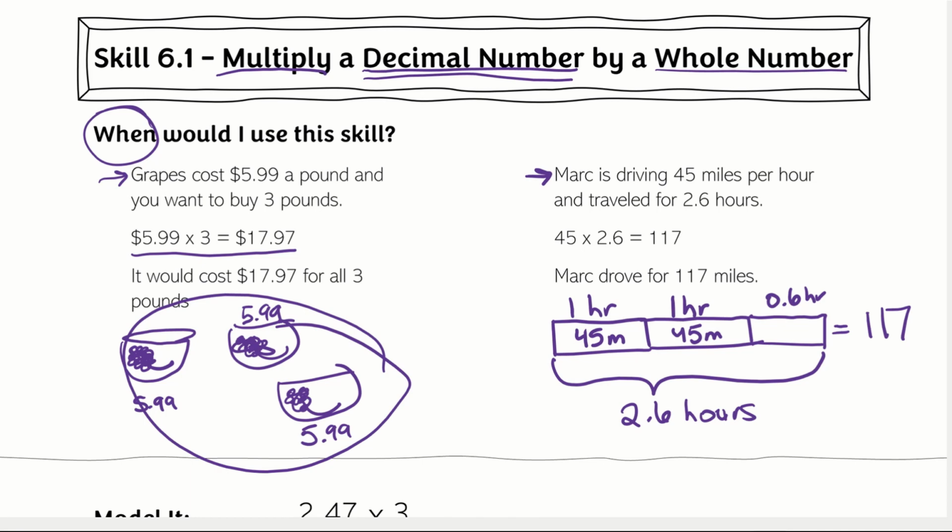So if I do some backwards math, I can say 45 and 45 is 90. And now I've got 117. If I take away 90, that's 27. So he went 27 miles in that 0.6 of an hour. So if I know he went 45 miles in 1 hour, I can figure out how far he went in 2.6 hours. So these are times when I would need to use this skill.